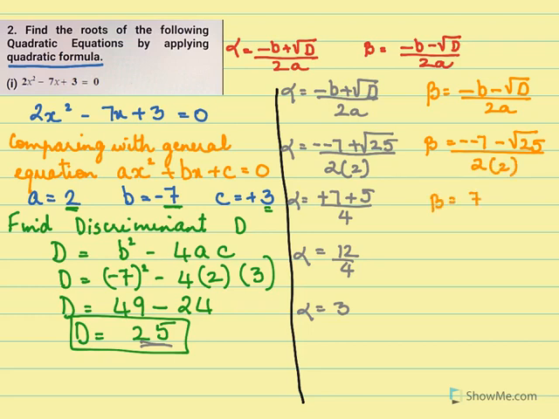So beta is 7 minus 5 over 4. Beta is 2 over 4 and the beta is 1 by 2. So the roots in this case are 3 and 1 by 2.